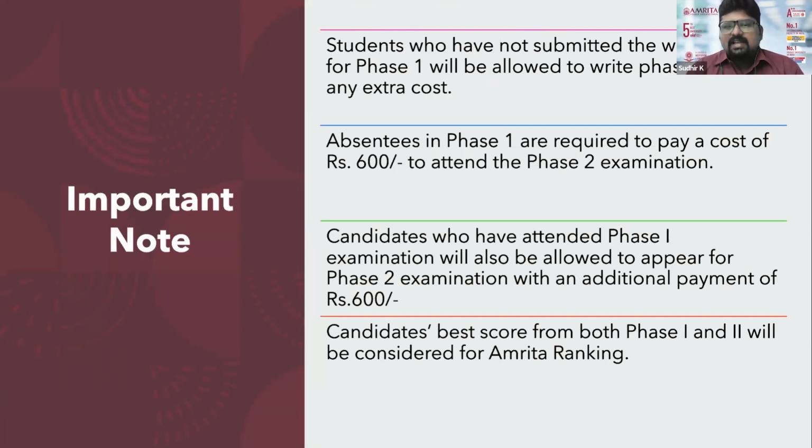One more thing: if you attended phase 1 but are not satisfied with your marks and want to improve them, you can pay an extra amount of 600 and write phase 2. This option is also there for you. As I told you, the best percentile from both phases will be considered for ranking. So this is what you need to understand.